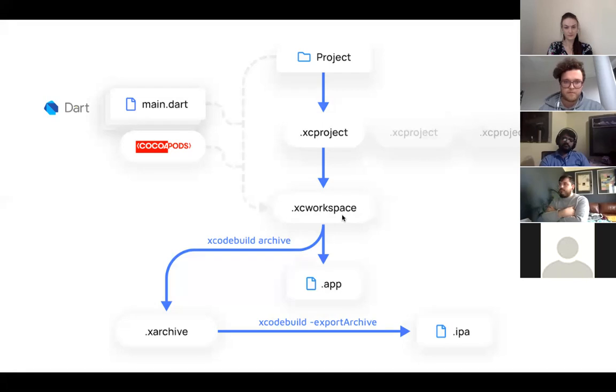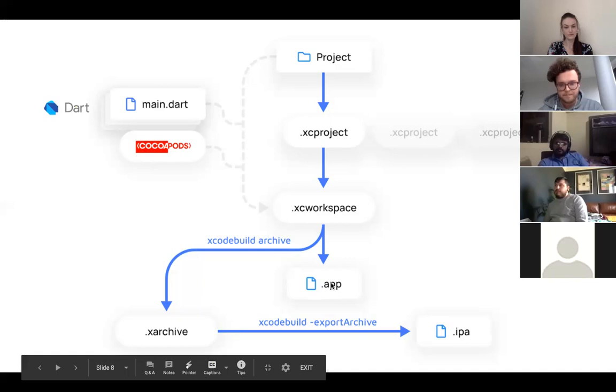So these are fairly basic commands, but when they prepare the iOS code base, they also generate the .app file, which is a file that you can use to run your iOS app in the iOS simulator. And the trouble here is that this is not an app that you can run on your mobile phone. So this is not an IPA binary that you need in the end.